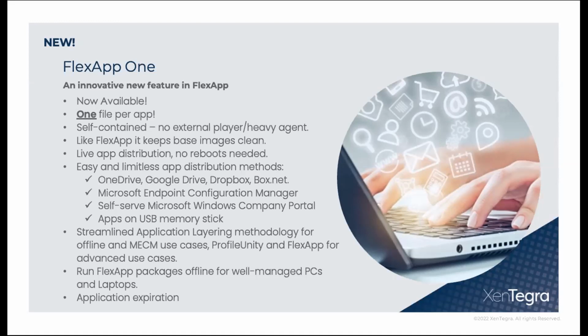One thing to point out here, down at the bottom, we have listed application expiration. So imagine you've got a contractor who needs access to a specific application. Maybe they're only working for you as a customer for maybe 30 days, right? You can put an expiration on the FlexApp One package. So when you deliver that executable to that contractor, they're able to execute and use that application, and then after that time period, the application just becomes unresponsive.